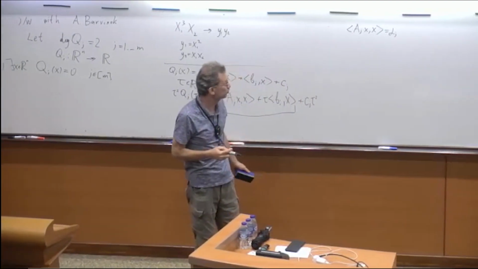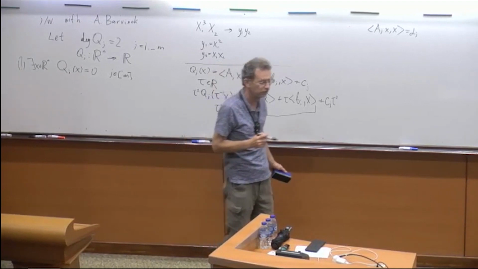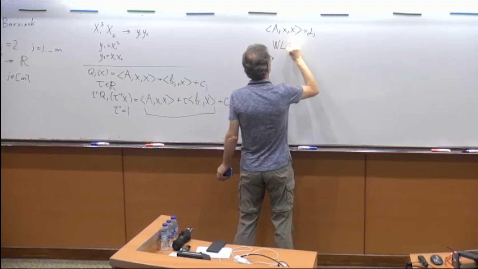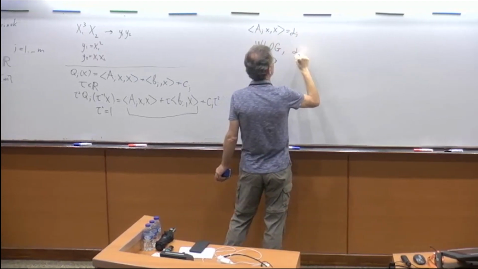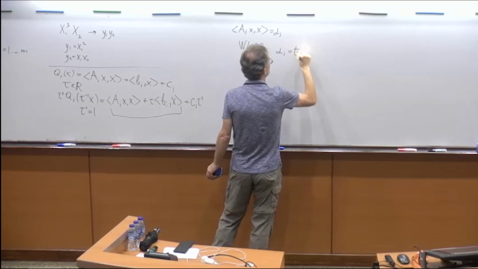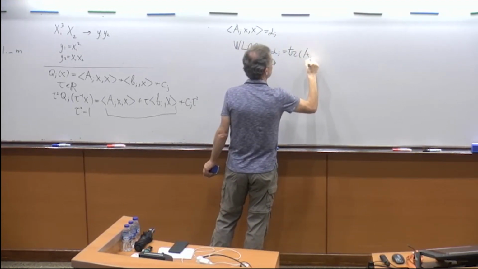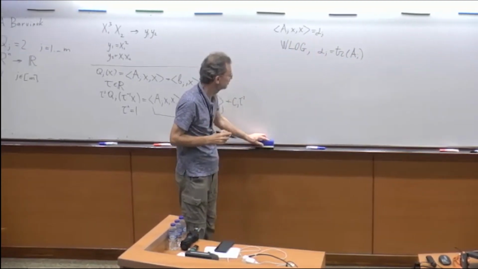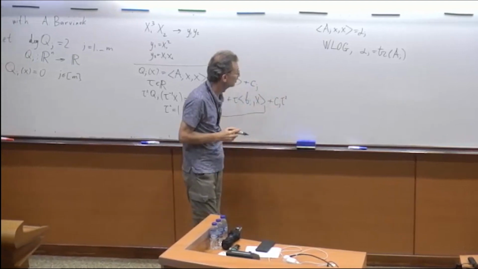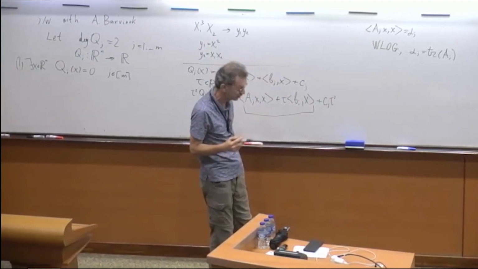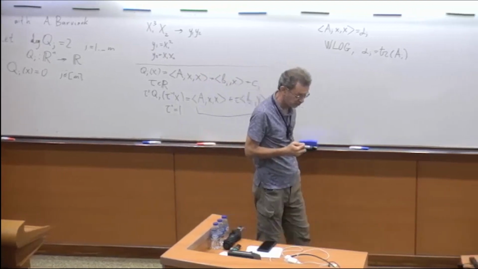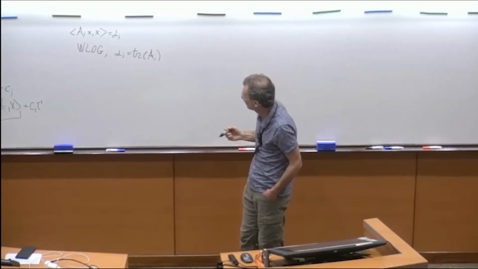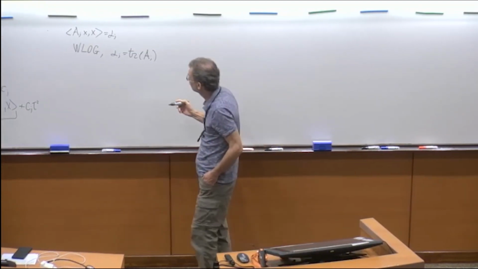You can actually choose a specific value for alpha j, and without loss of generality, we can assume that alpha j is the trace of Aj. I'll save time to describe how to find this change of variables, but we can do it. And so we have this specific system, and let's look at it.